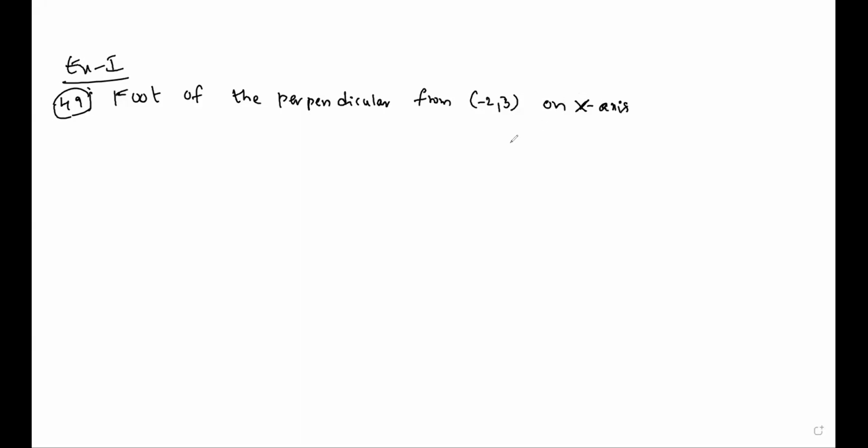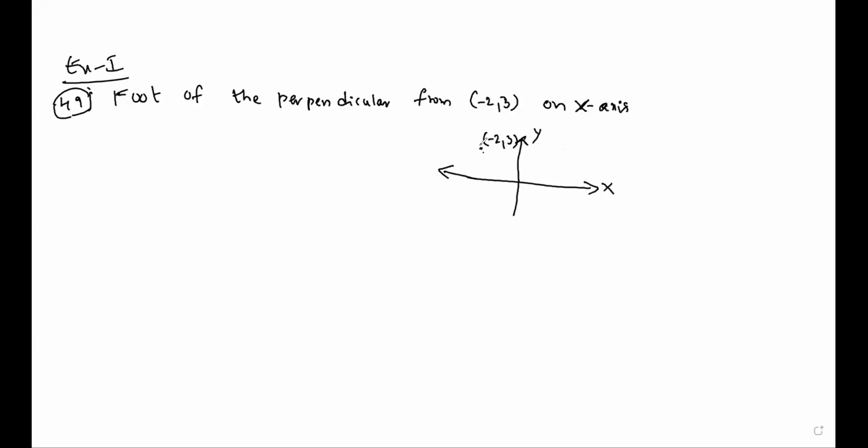We can find the given point. Now the given point clearly lies in which quadrant? Second quadrant. Now we need to find the foot of the perpendicular. So this is the y-axis and this is the x-axis.